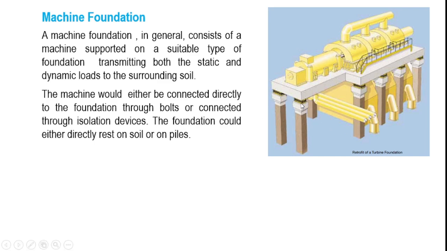For example, here I have shown what I call a frame type machine foundation that supports a turbo generator. As you can see, there are too many pipings, connections, etc. It's a very complicated machine, and this is supported directly over an RCC deck slab, which is connected to the base raft through a number of columns. We will get into the details later on.